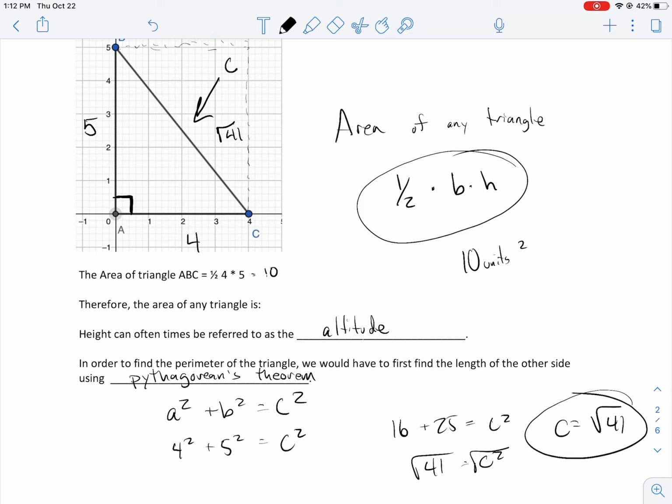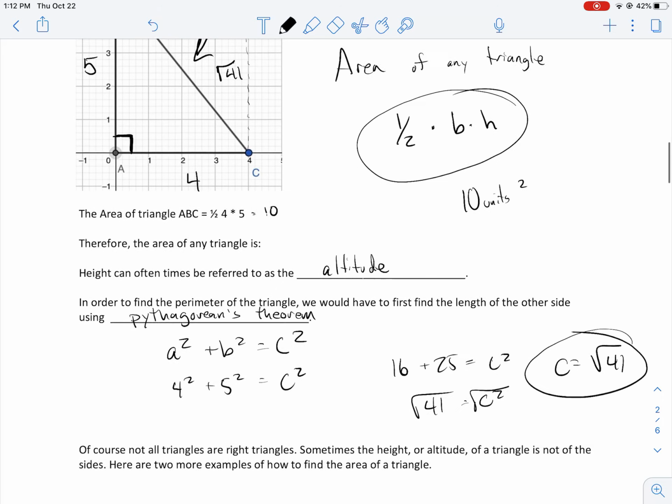It doesn't say anything fancy about keeping it in radical form, so I'm going to go 9 plus square root of 41. Not 9 plus 4, sorry, 9 plus square root of 41. 5 plus 4 is 9.